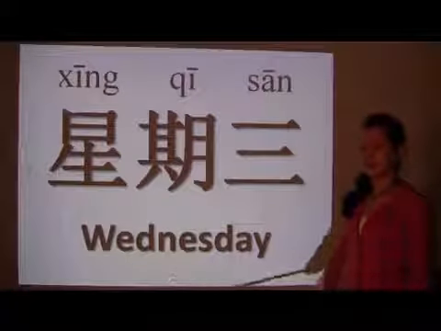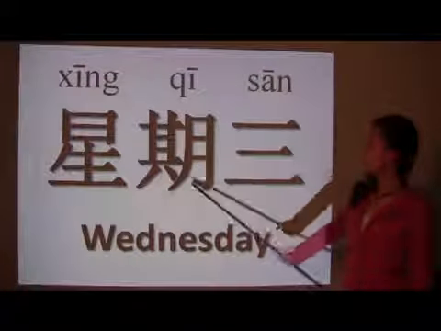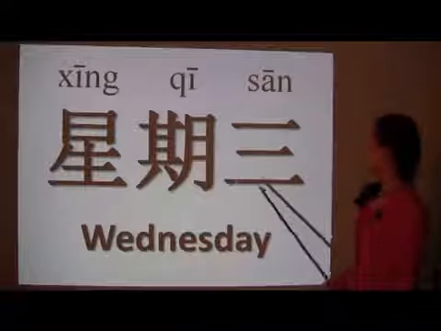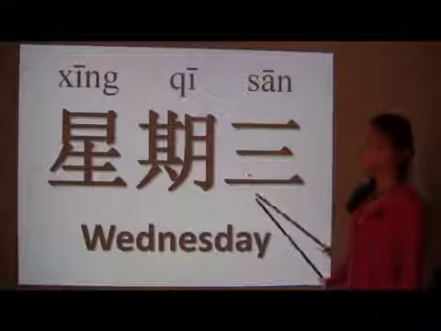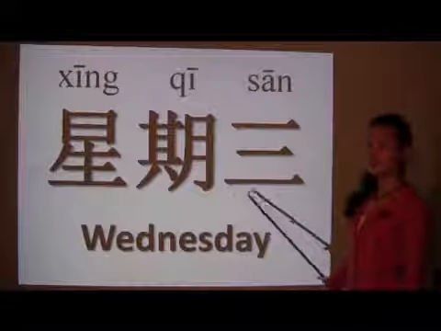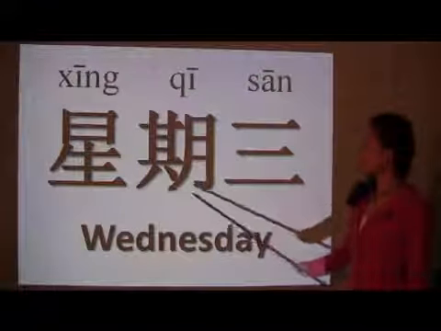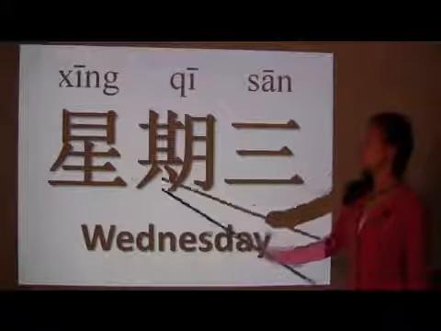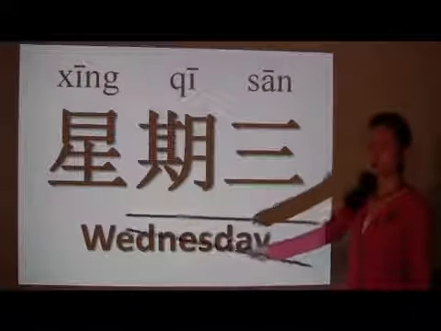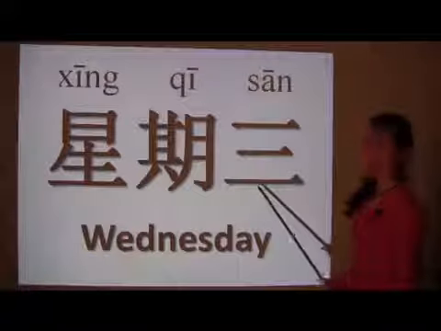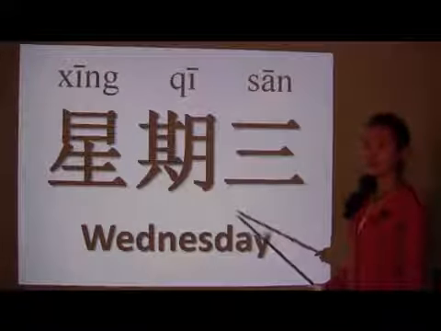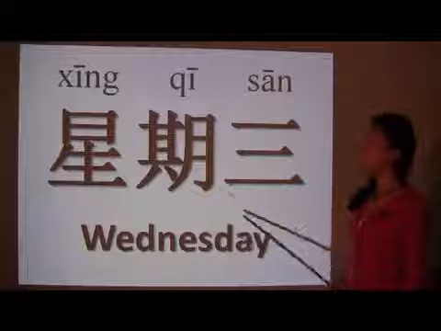And Wednesday, 星期三, third day of the week, and it's a Wednesday. And these are all words that you've seen numerous times now. 星期 we went over is week, and 三 is 3, third day of the week. 星期三.